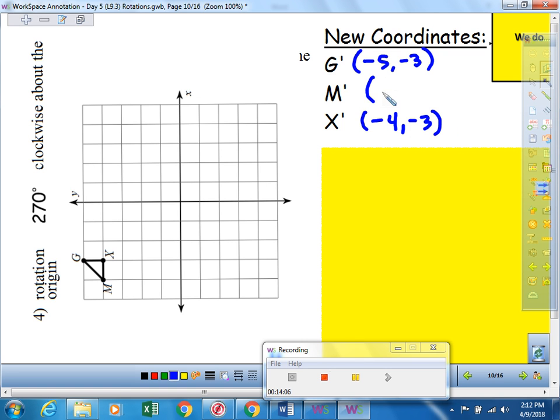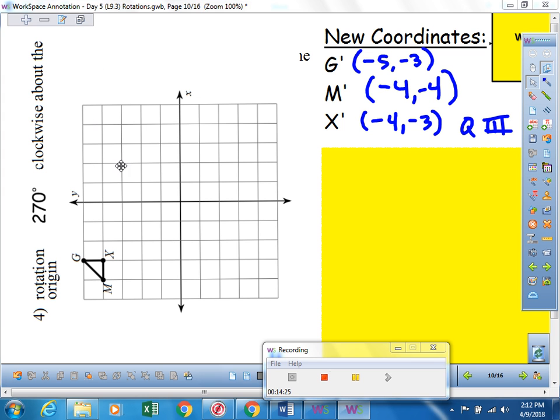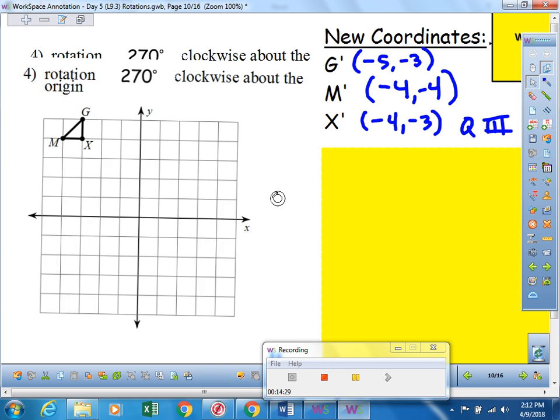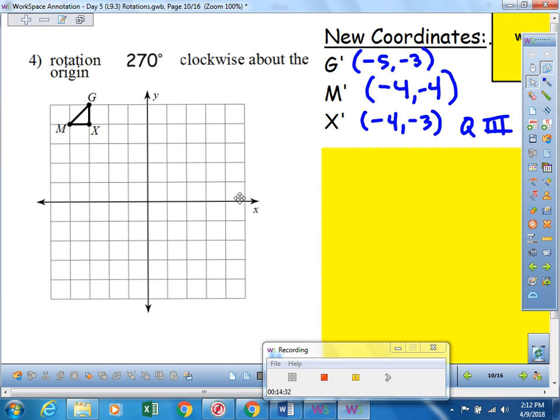And M? Okay, that is correct. What quadrant is it? Quadrant 3. Then turn your paper back to the original position and graph these.